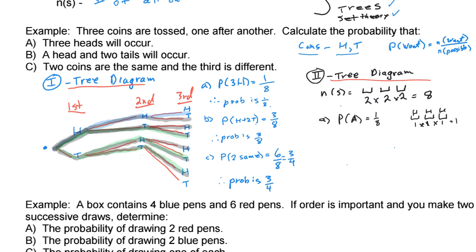So now let's take a look at our next possible problem. It's saying that we have a head and 2 tails will occur. Now, in this case, you have to remember that when they say a head and 2 tails, it could be a head and 2 tails, or it could be a tail and a head and a tail, and the last one would be 2 tails and a head.